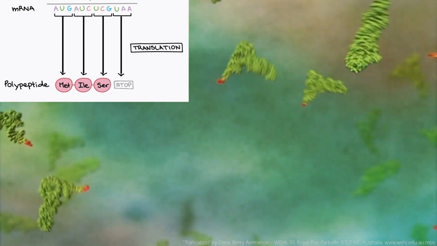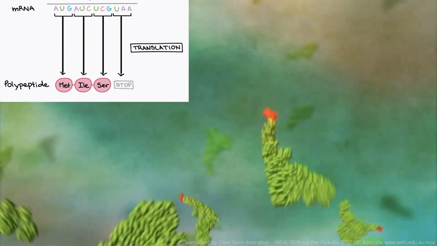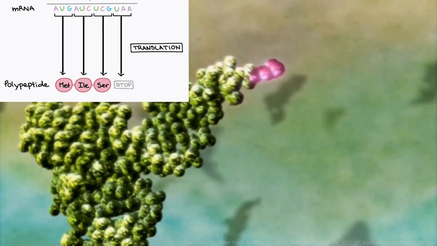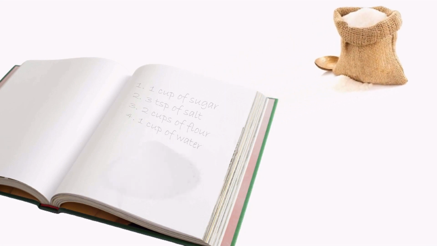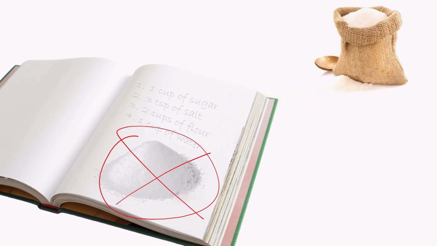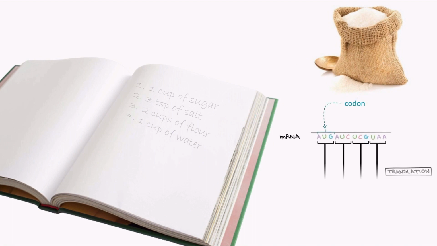Keeping in mind that the specific ingredient listed in the directions is not the ingredient itself, right? So in our directions, if it says get sugar, there isn't sugar physically in the cookbook. We just know that we should now go get the ingredient sugar because of what we read. Same thing in how codons correspond to amino acids.